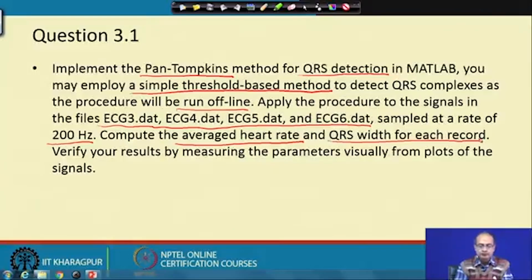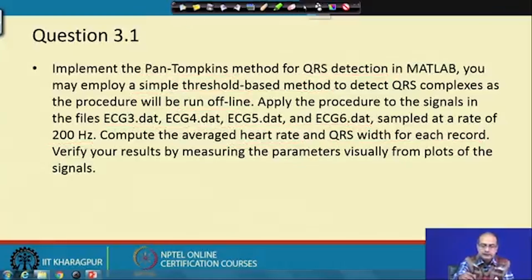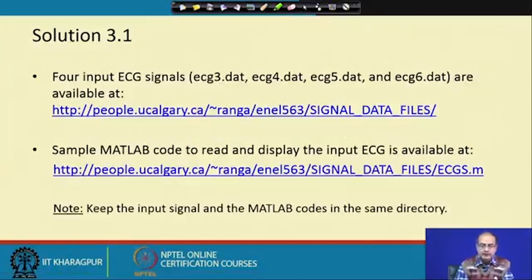So, these two we will take, and then we will check how they appear with the plots. So, this is the task, and for that first we have to look at the data.